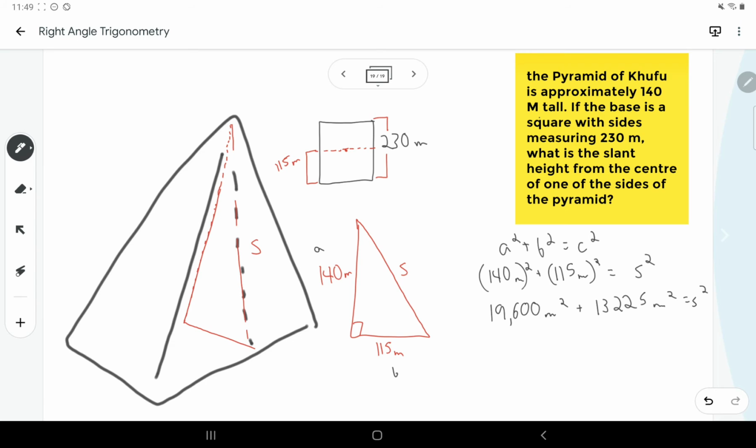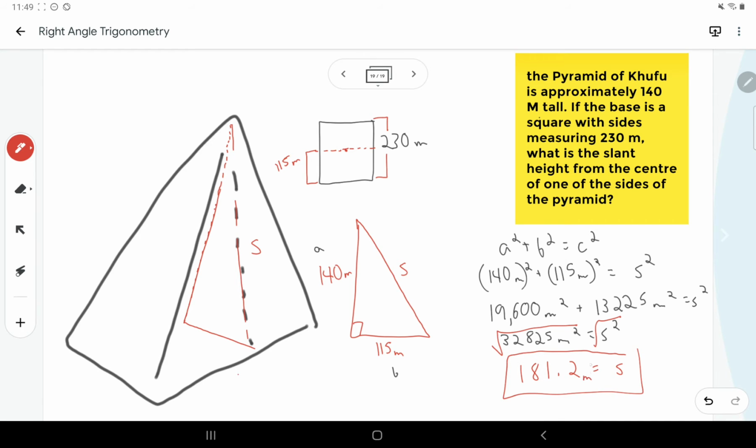Okay, then we add those up, will give us 32,825 meters squared, and that's still the side length there. And then we find the actual side length by taking the square root of both sides. If we take the square root, we get 181.2 as our side length.